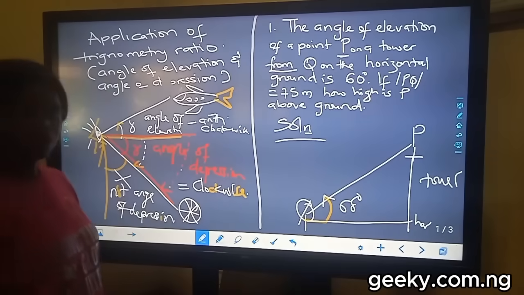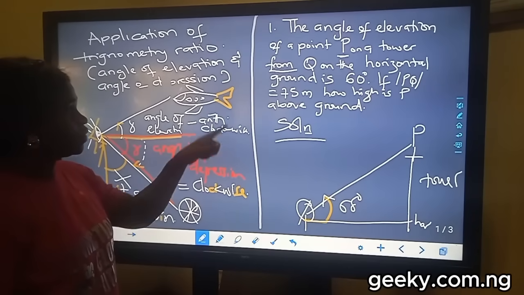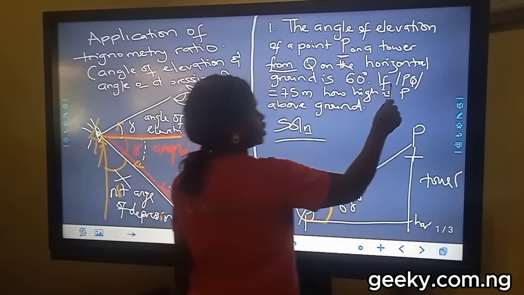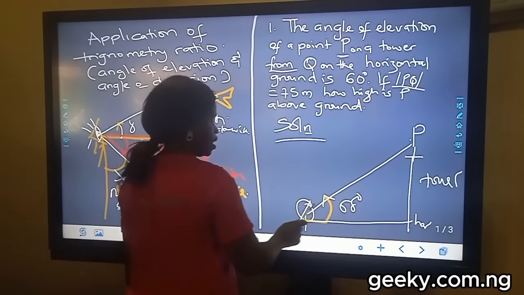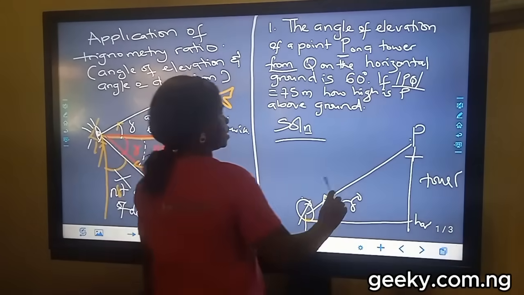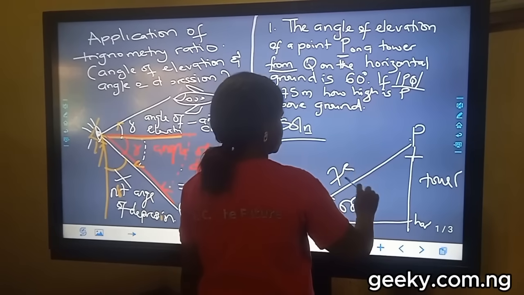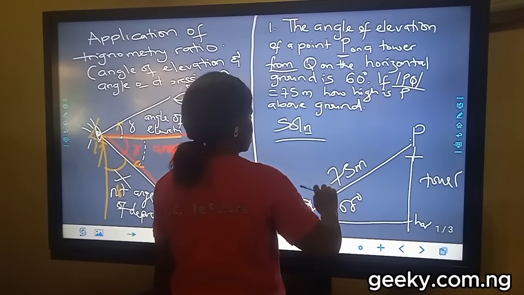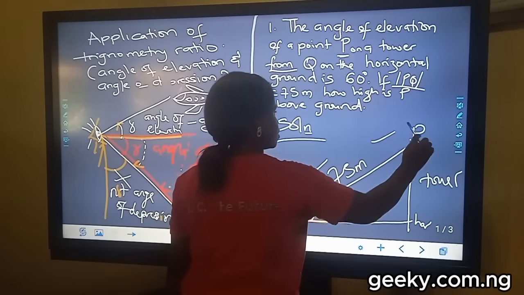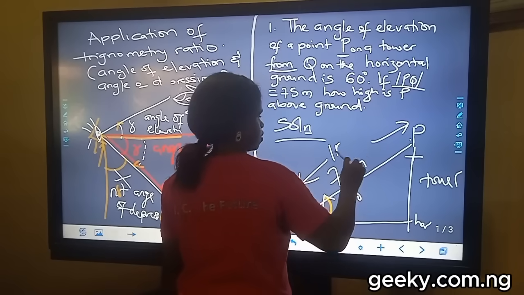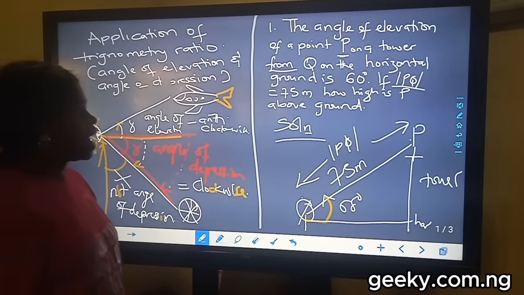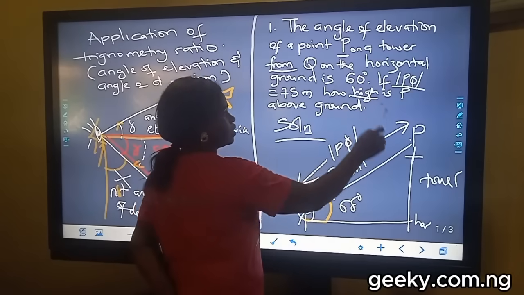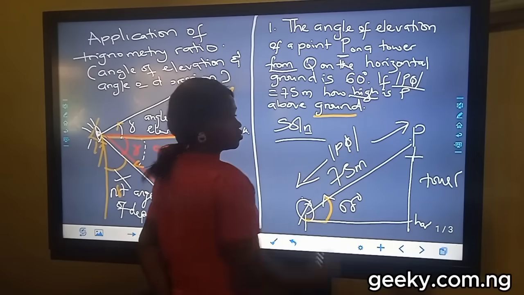Okay, so it says if the magnitude of P and Q is 75 meters, so we draw from P to Q, we have 75 meters. All right, so now how high is P above the ground?